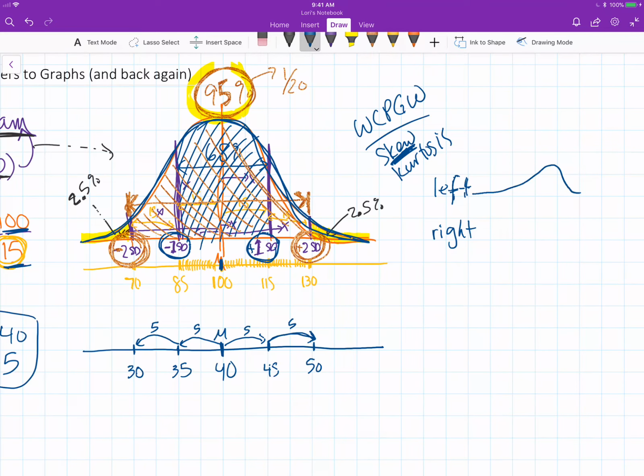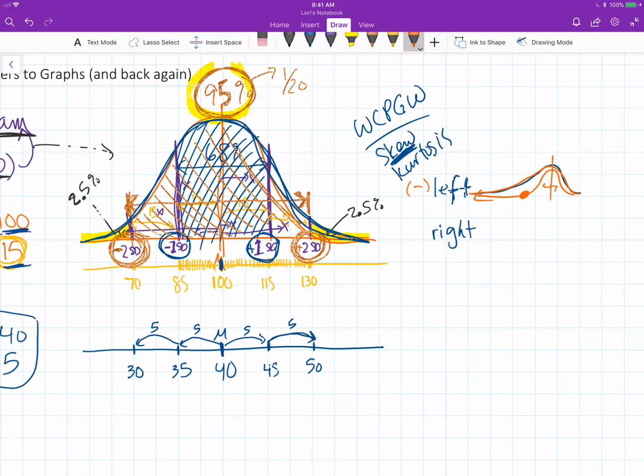What I want you to imagine is if this was a normal curve and it was even, a mirror image to the left and the right, and you took hold of this left side and you pulled it to the left, that would cause this curve to be pulled over to the left. It's also called negative skew.